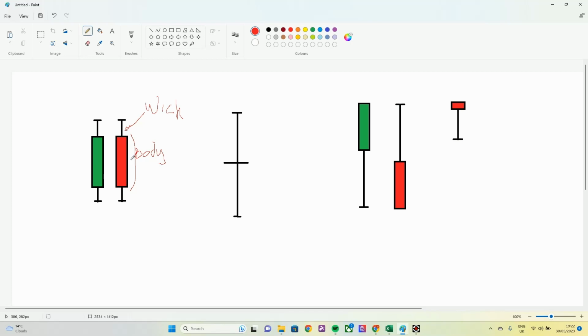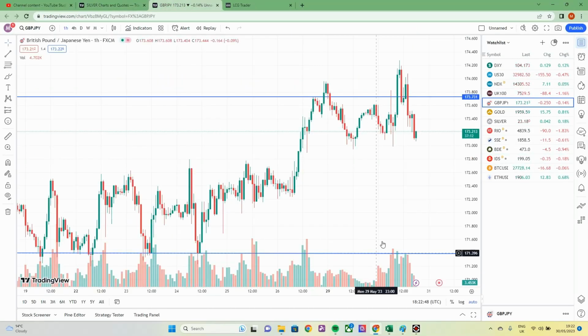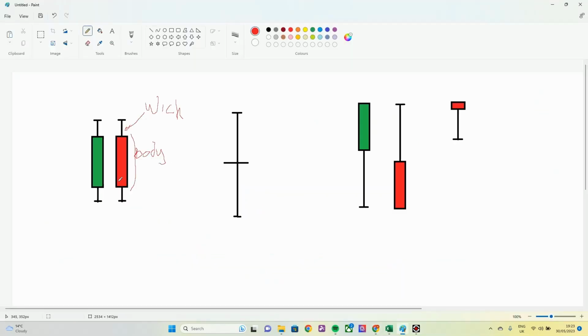Now what these actually mean, because as you can see on the charts, there are all sorts of different shapes and sizes of candlesticks, and you can see that the wicks sometimes are massive, as you can see here, and sometimes they're absolutely tiny. So what that typically means is the body is the price change from the start to the finish.